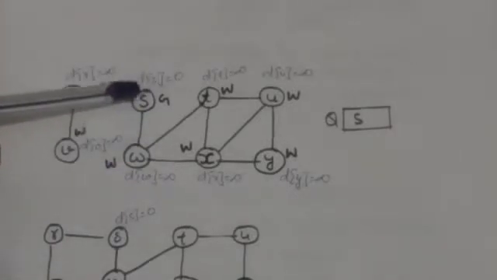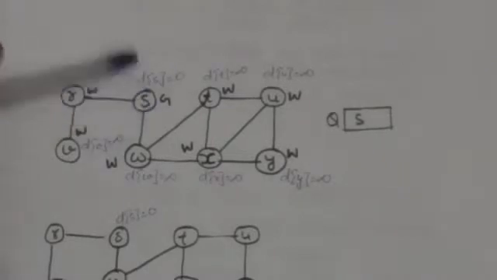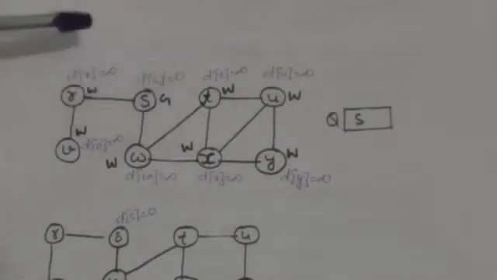The distance of source vertex S from S is set to 0. The predecessor of all vertices of this graph is set to nil. The color of all vertices of this graph except the source vertex is white, and the color of the source vertex is gray.